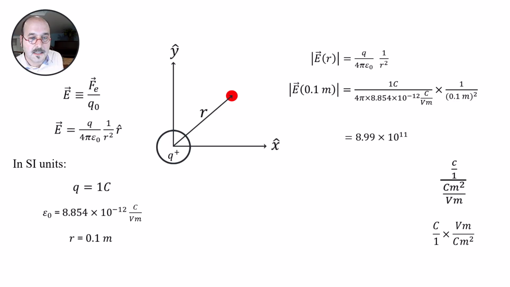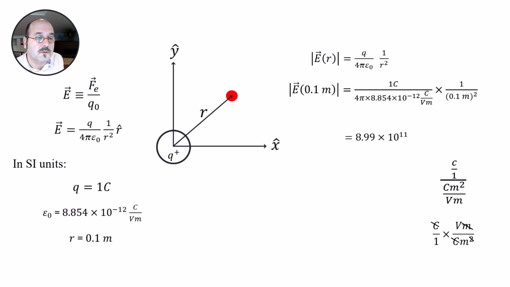And if you remember how to cancel, I've got coulomb in the numerator and then in the denominator. I'm just going to draw a line through those, and they don't cancel to 0, they cancel to just 1. And then now I've got volt meter over meter squared. I can get rid of the meter in the top, and I can remove the exponent. If you can carefully see what you have left there, it ends up being volts per meter.